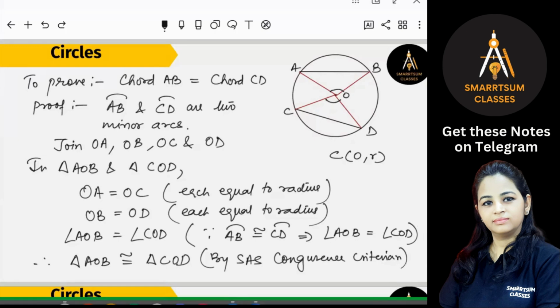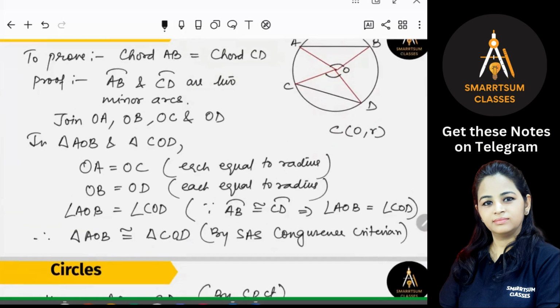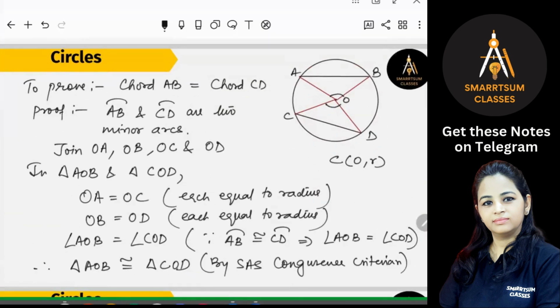Now, since these are congruent triangles, AB is equal to CD by CPCT, corresponding parts of congruent triangles. Since these triangles are congruent, the other corresponding parts will also be equal. That means AB and CD will also be equal.